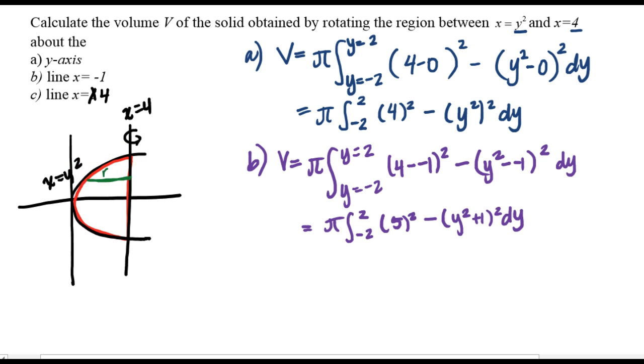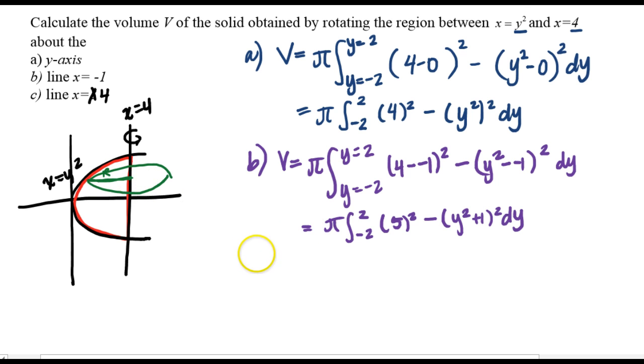Now this is my big R. And from the axis of rotation to the closer function, well, I'm right on top of the closer function, so the little radius is 0. In other words, there's no need to use a washer method. There's only disks that look something like that. Sorry, it doesn't look too great, but each of the slices of my cross section is just a circle, or a disk.